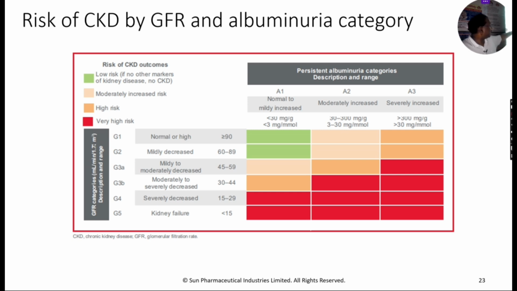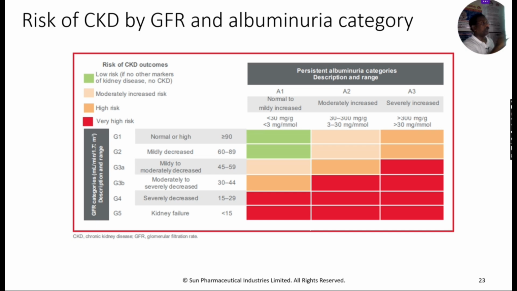Even when the GFR is almost 35 to 40, meaning the creatinine may be 1.6 or 2, or 2.3 or 2.5, the patient is at very high risk of getting CKD.